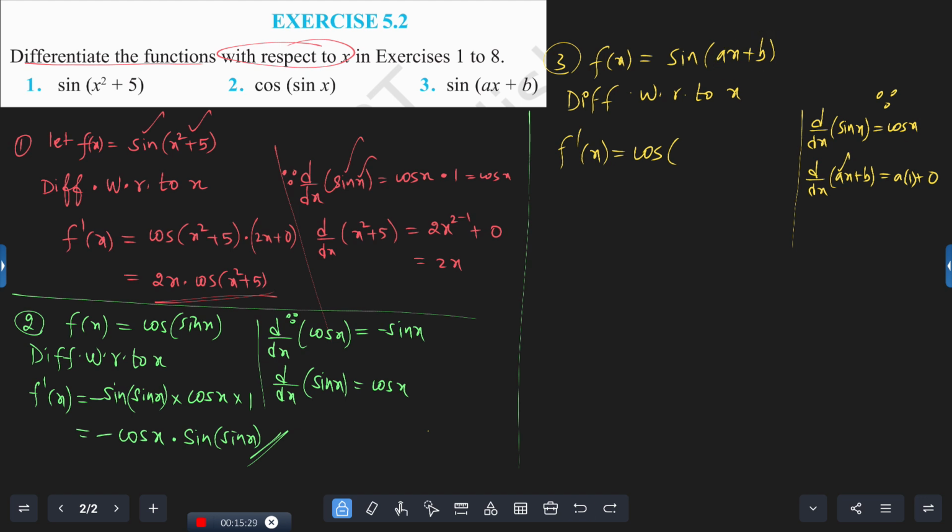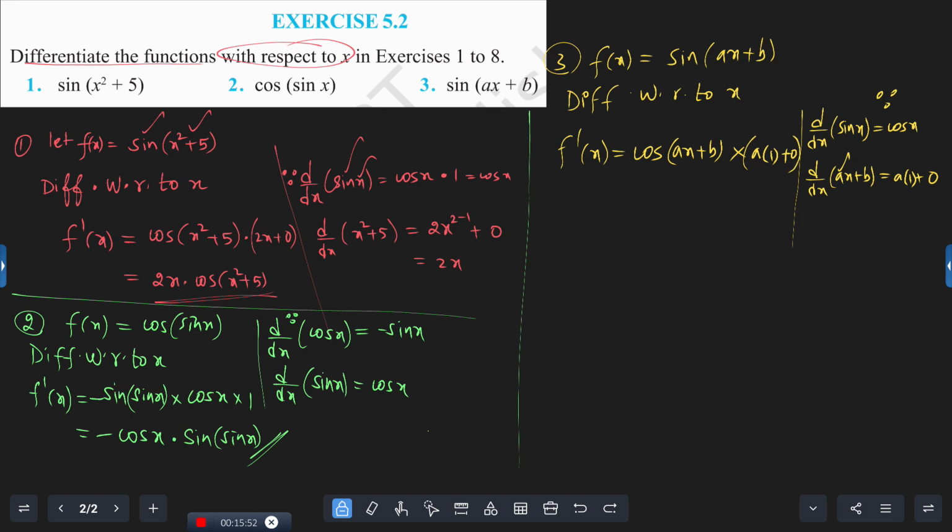So instead of angle, ax plus b. Sine derivative is cos. Then into, in the question ax plus b, a is a multiplied constant, let it be, into the x when you differentiate, 1. Plus b is constant, when you differentiate, 0.